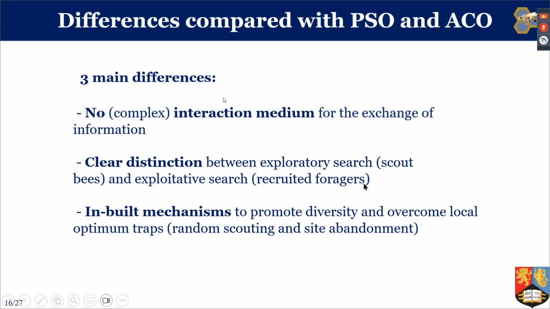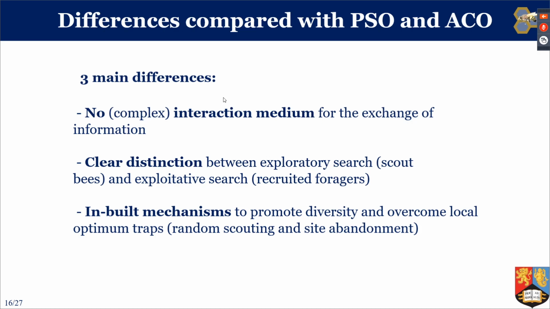You might ask, what's the difference between the bees algorithm and other algorithms, such as particle swarm optimization or ant colony optimization? I can point out here 3 main differences. One is, with the bees algorithm, there are no complex interaction media for exchanging information. So, for instance, we don't use pheromone.